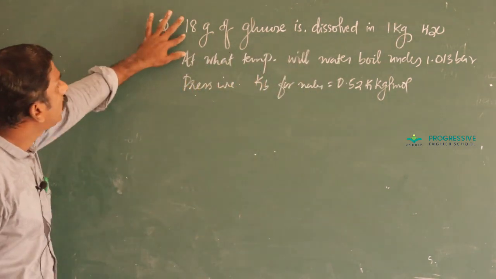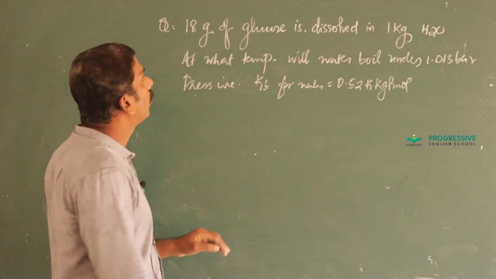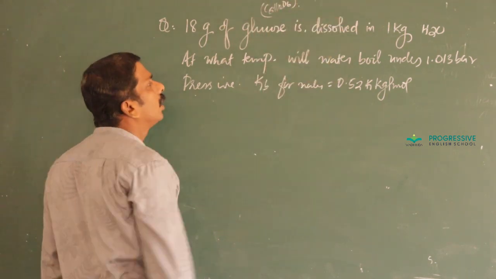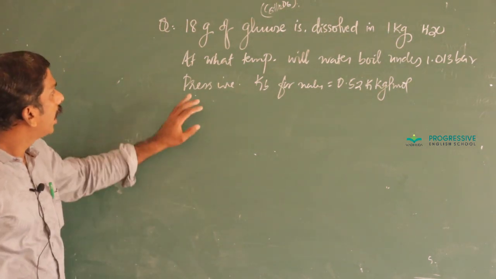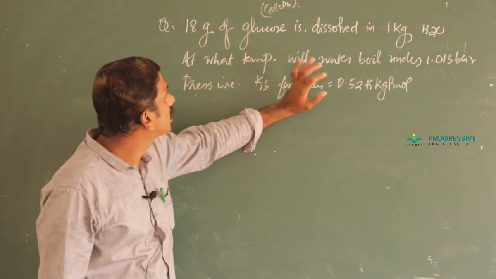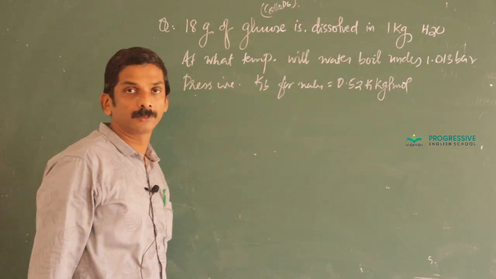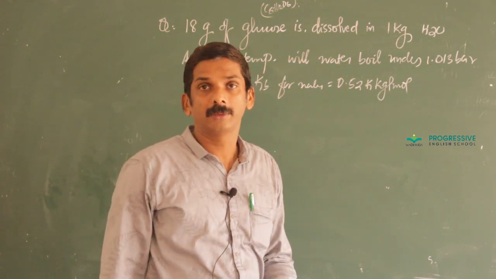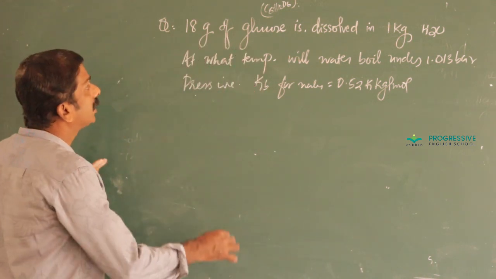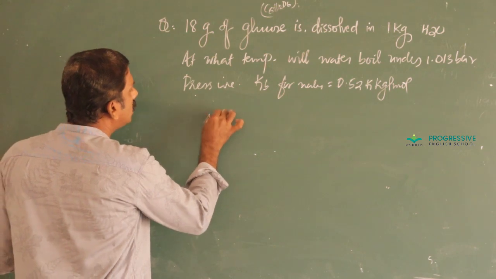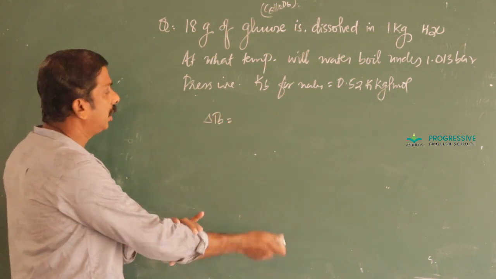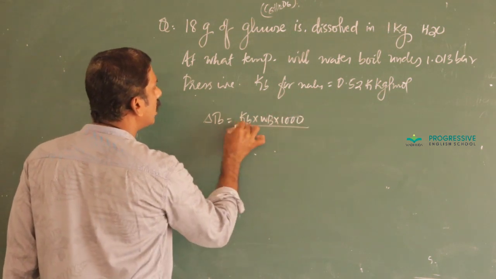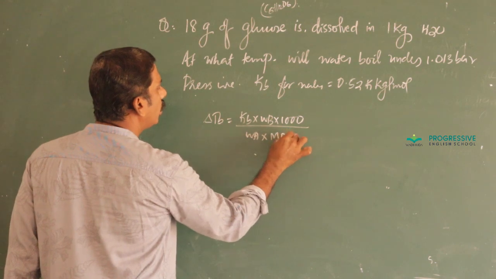Here 18 gram of glucose, you know the molecular formula of glucose is C6H12O6. Here we have to calculate what is the boiling point of the solution. You know, pure water boils at 373 Kelvin, 100 degree or 373 Kelvin. First you calculate delta Tb, Kb into Wb into 1000 divided by Wa into Mb.